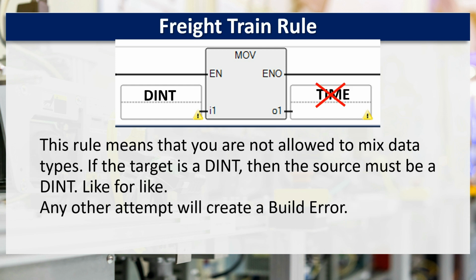This rule means you are not allowed to mix data types. If the target is a dint, then the source must be a dint. Like for like. Any other attempt will create a build error.